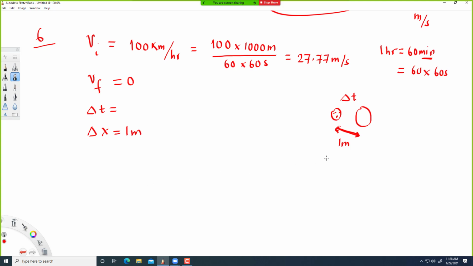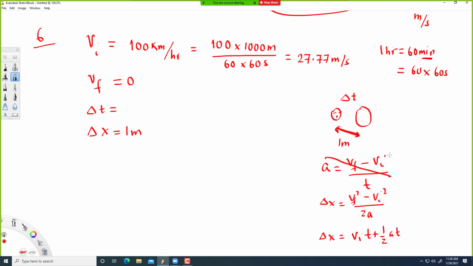So again, we have 3 formulas. A is equal to V final minus V initial over T. Delta x is equal to V final squared minus V initial squared over 2A. And delta x is equal to V initial T plus 1/2 A T squared. We cannot use the first one because there is no acceleration.